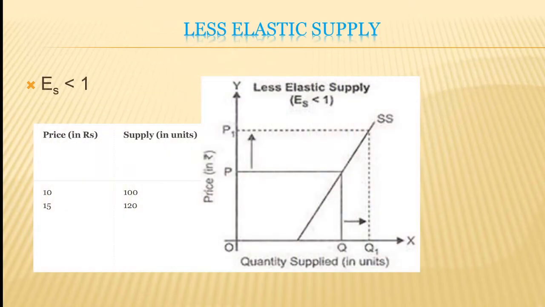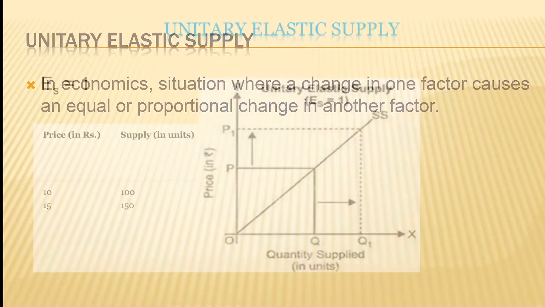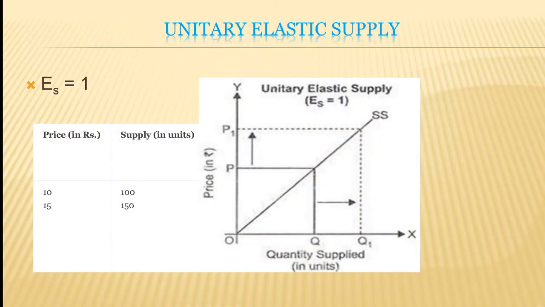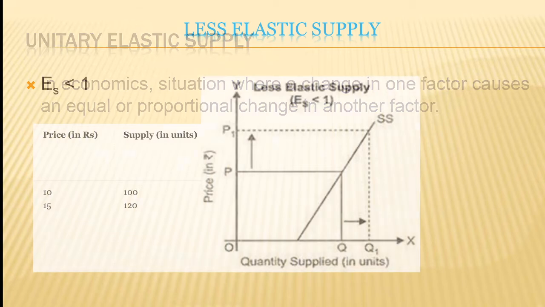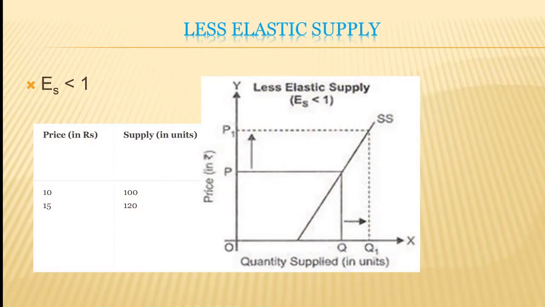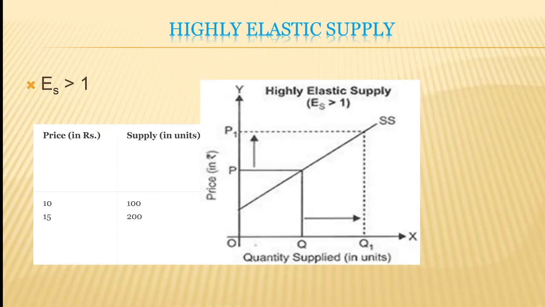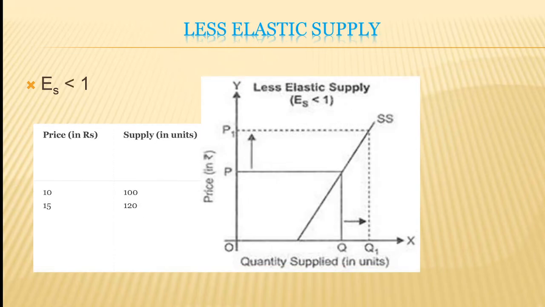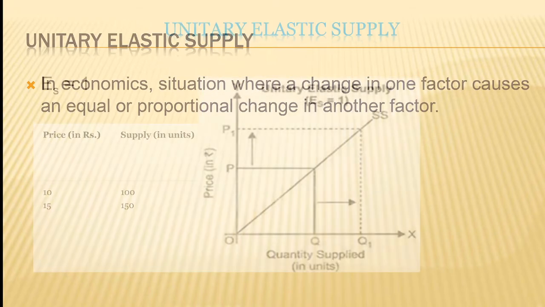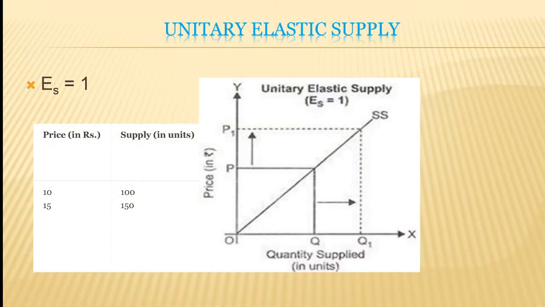There the supply curve starts from the middle, only for a few periods, for less elastic supply and highly elastic supply, starting from the y-axis intersection, and the quantity is being increased. But in unitary elastic supply, the curve starts from the origin point. That is what equal to 1 means.